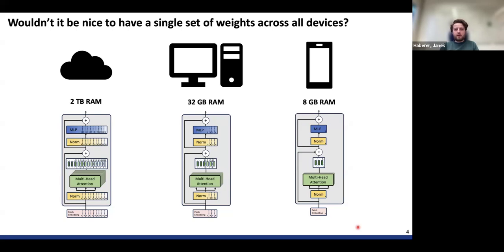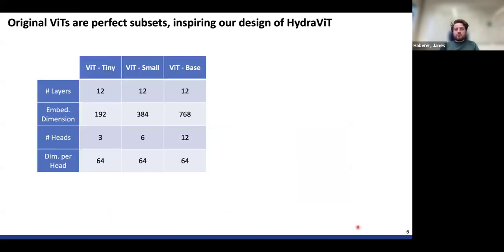We can get up to 10 models, for example, from just one training run. Furthermore, we noticed that the original vision transformers are perfect subsets of each other, which inspired our design.